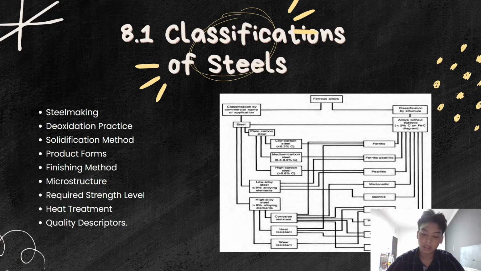Deoxidation practice. Oxygen is generally considered an undesirable element in steel because it combines with other elements to form oxide inclusions that can degrade toughness and fatigue resistance. Solidification method.